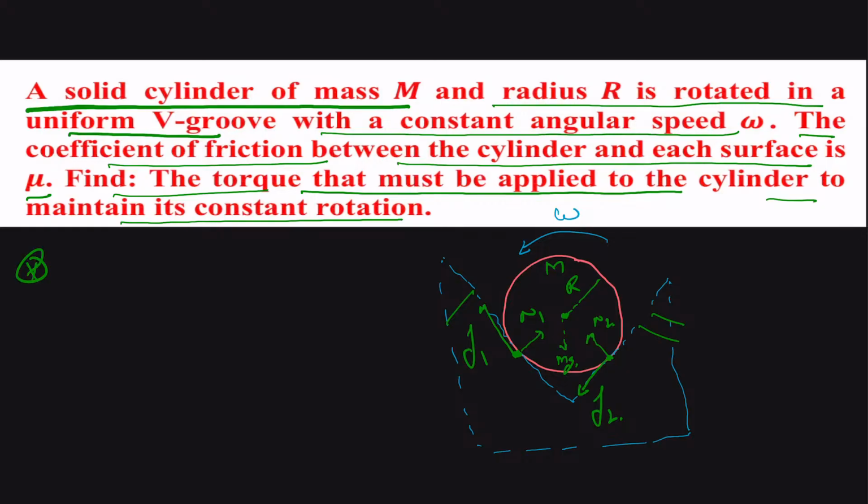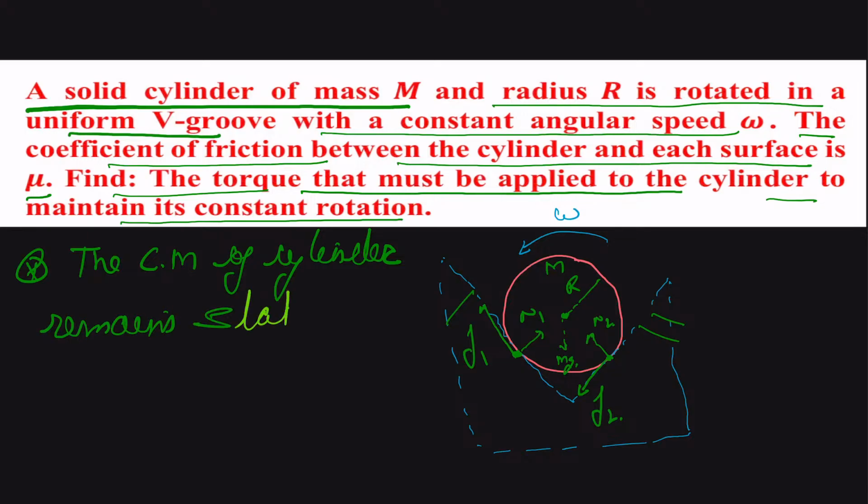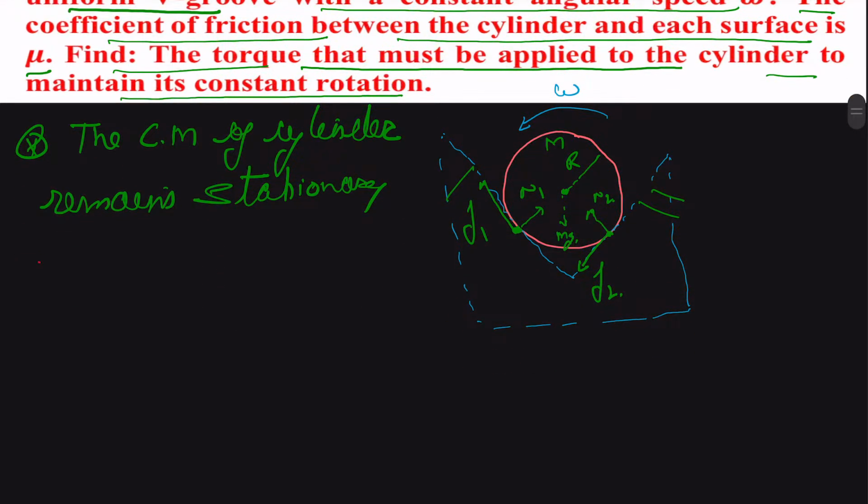So we can say that the center of mass of the cylinder remains stationary, which basically means that no translational, or we can say net horizontal and vertical forces is equal to 0.